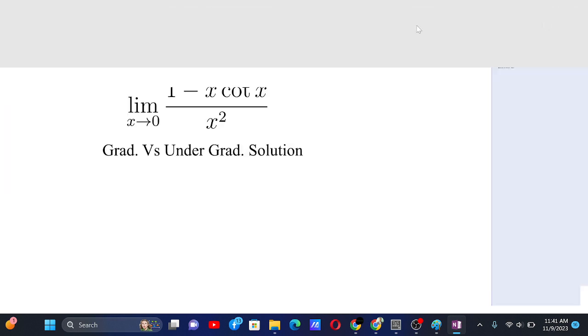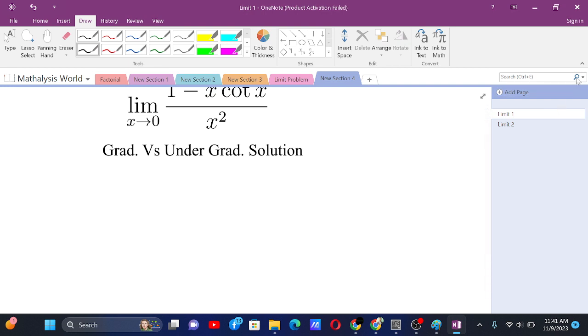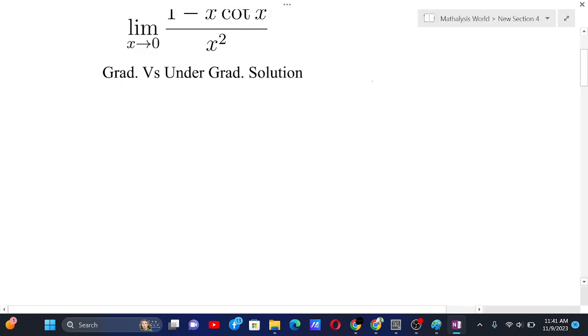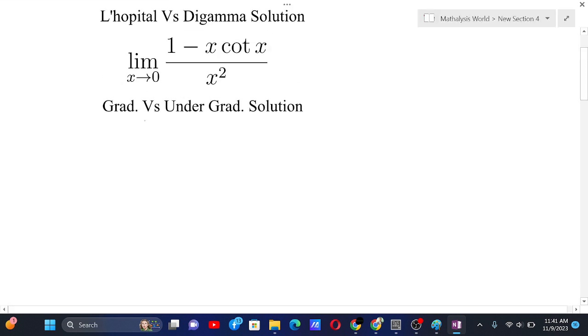Okay, so first of all, we are going to solve this problem through L'Hopital's rule. Basically, in L'Hopital's rule, if we have a limit as x tends to 0 of f of x by g of x, this limit is also equal to f dash x by g dash x if this is in the form 0 by 0 or infinity by infinity.